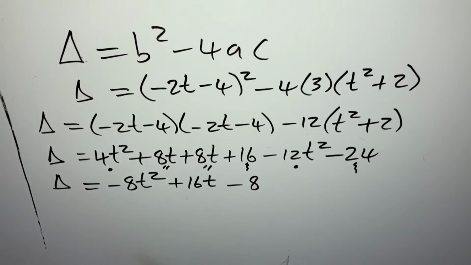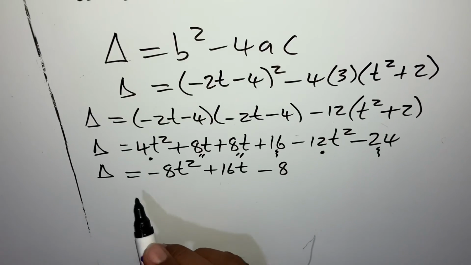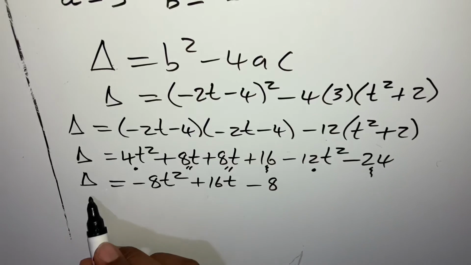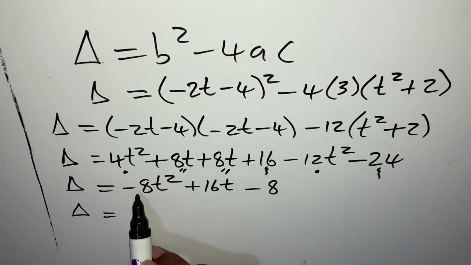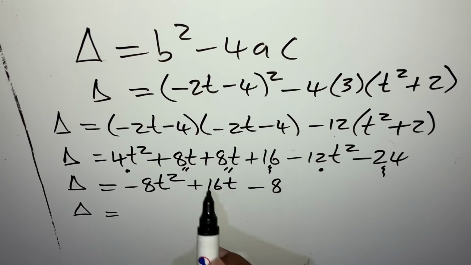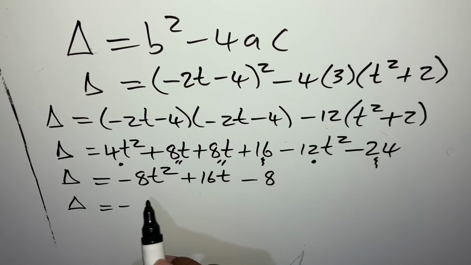So from here, you can then take out a common factor. So your delta, when I take out the common factor, we have a common factor of negative 8.